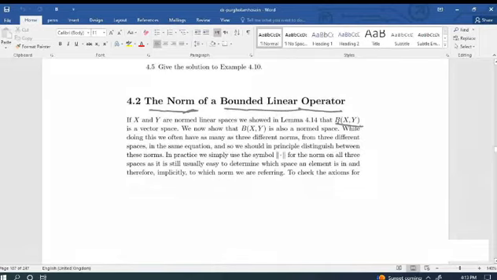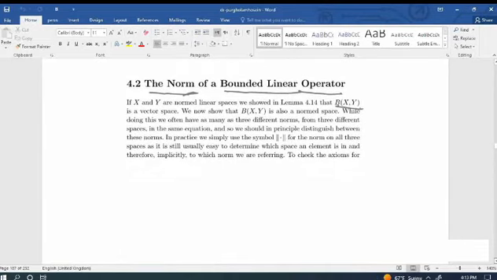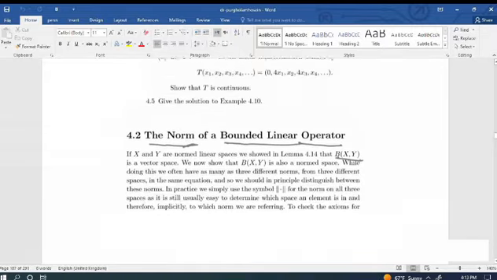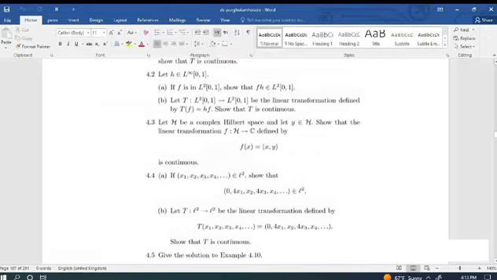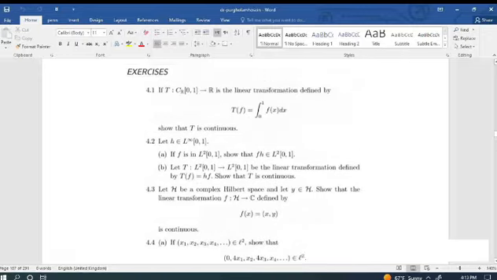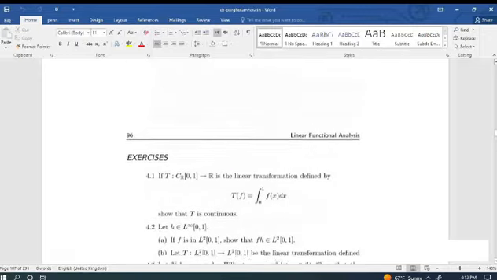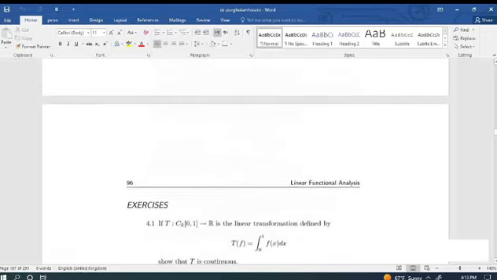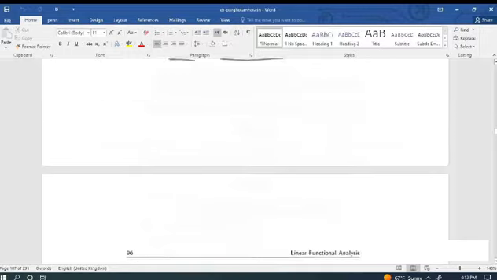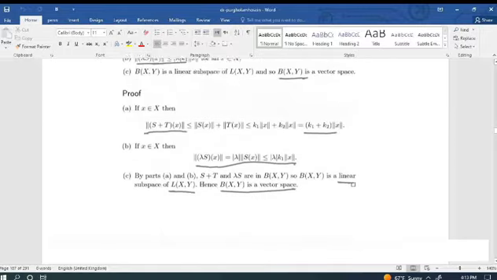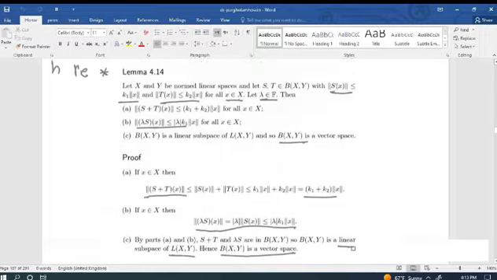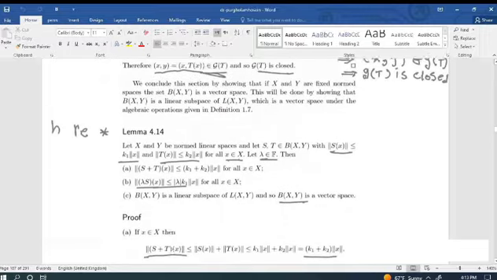Okay, we were studying the norm of bounded linear operators.